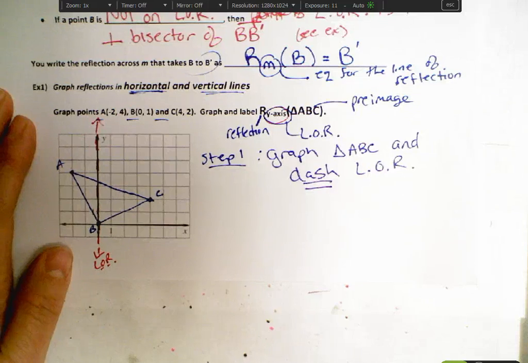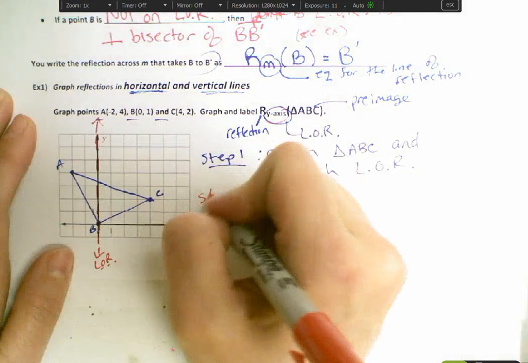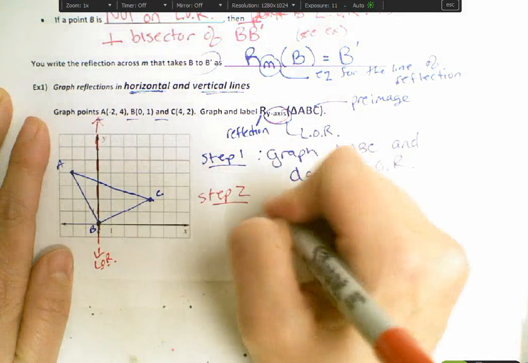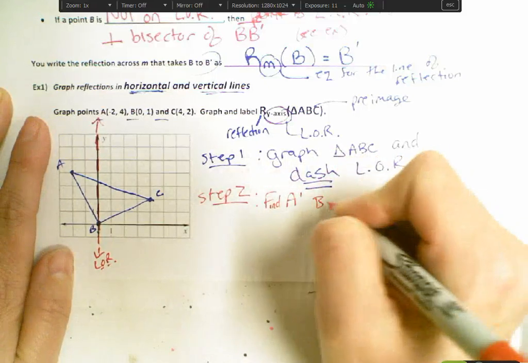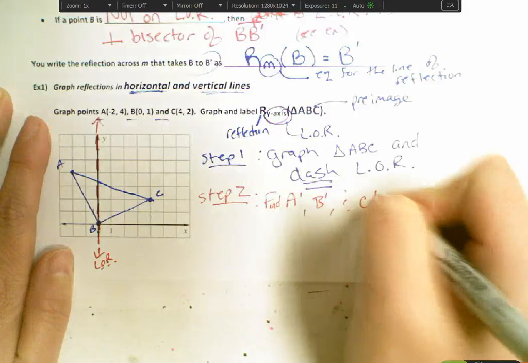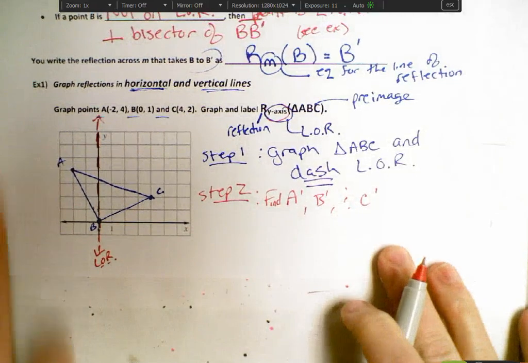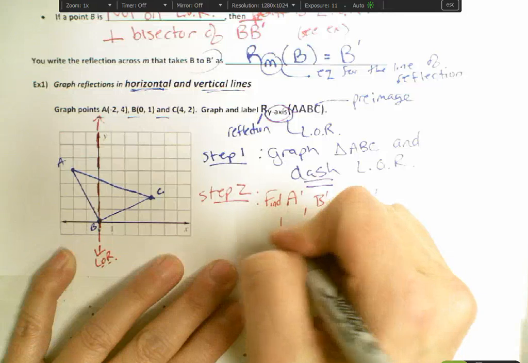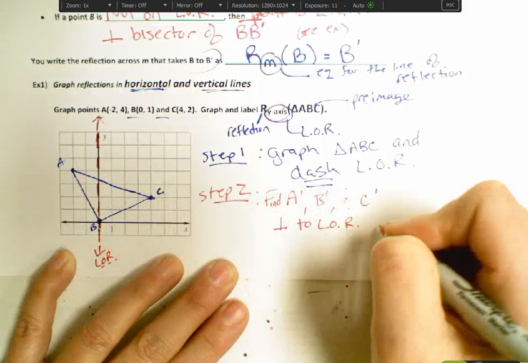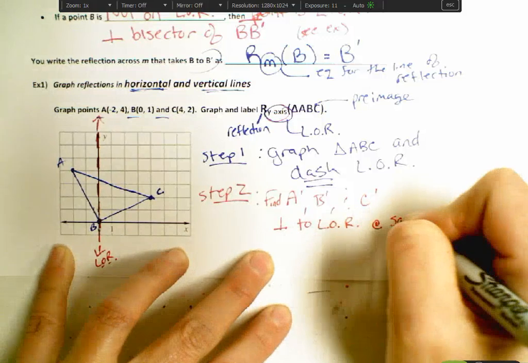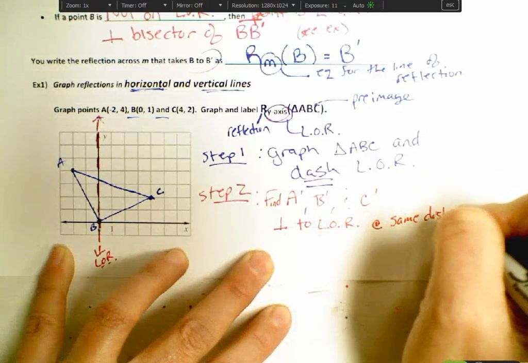Okay. Step 2 is to find A prime, B prime, and C prime. So remember, they are perpendicular to the line of reflection at the same distance.